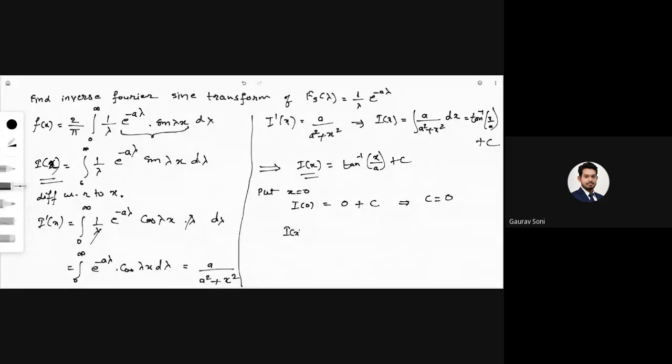So we have got I of x is equal to tan inverse x by a. And so let's put it in the original integral. So f of x becomes 2 by pi tan inverse x by a. This is our final solution. If you want, I give you 2 minutes to write it down.